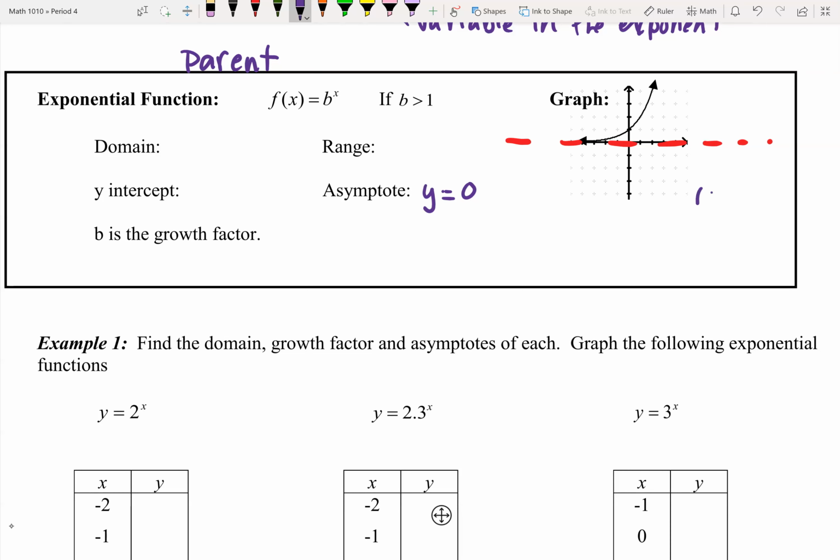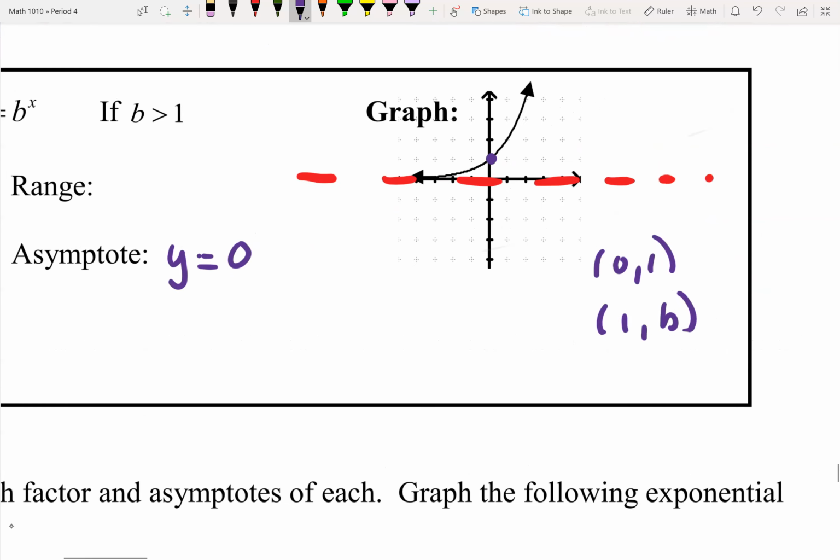See this point right here, this y-intercept, it's (0, 1). It's always going to be there if the graph is a parent graph. The other point that's always going to be there is (1, b). All you have to do is plot those 2 points, connect them, make sure you have your asymptote, and you're done.